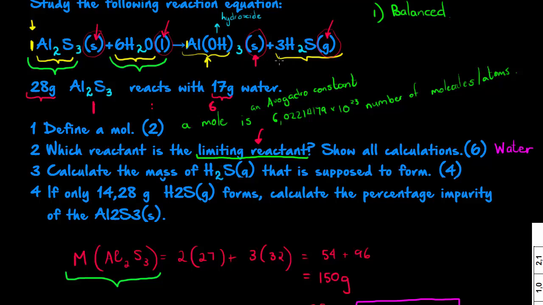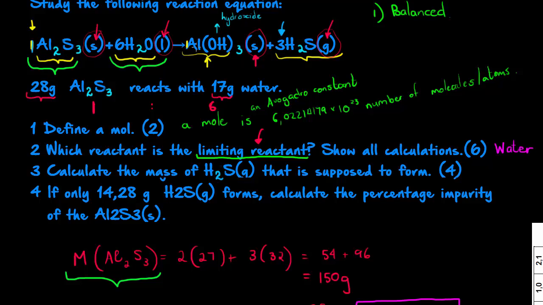What you'll notice in your balanced equation is the coefficient of 3. Now please beware, this doesn't mean we are producing 3 moles of dihydrogen sulfide. It means that the ratio is 3 compared to the other things. For example, we are making 3 times as much dihydrogen sulfide as dialuminium trisulfide because it is only 1.